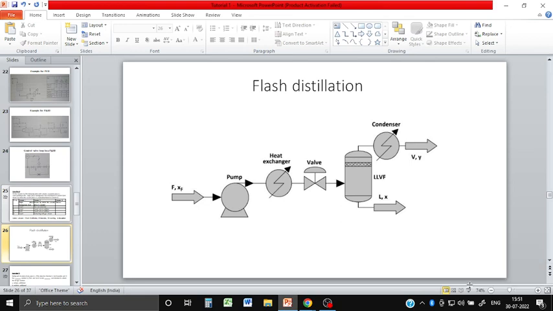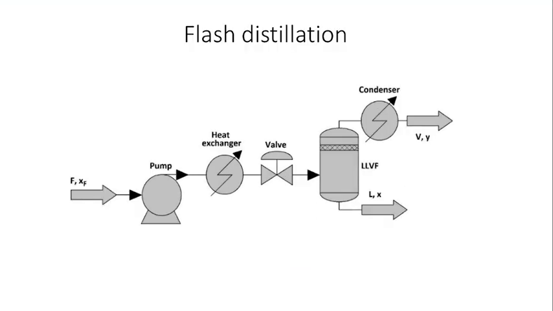Normally, you will find flash distillation being employed to remove a small quantity of a more volatile component from a heavy material, and you do not really need high purity. If you really require a high purity distillate, you definitely will have to go for more than one stage of vapor-liquid contacting. That means you have to go for fractionation or something else. Not just simple flash distillation will help you.